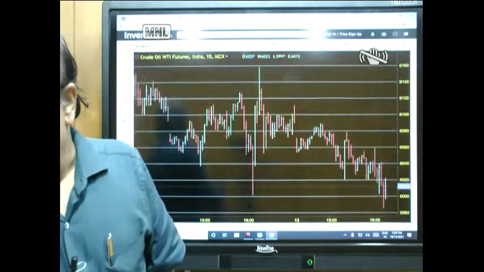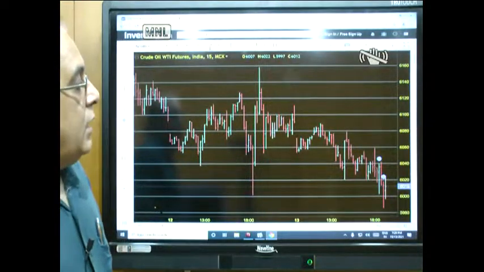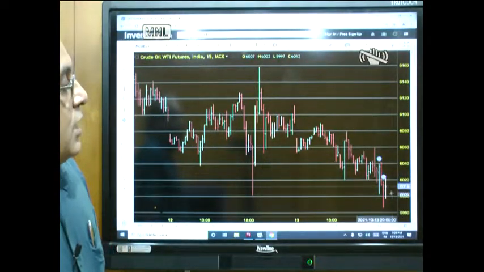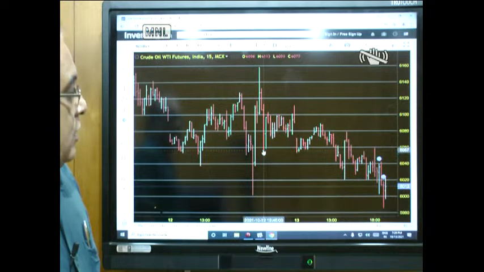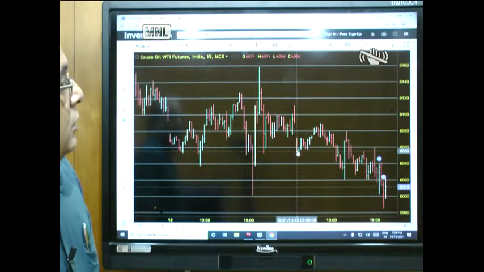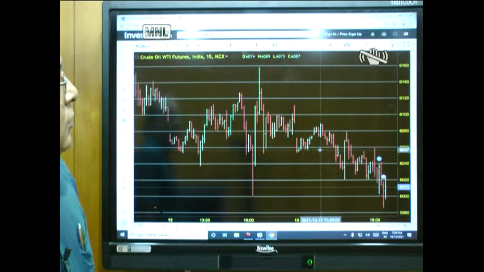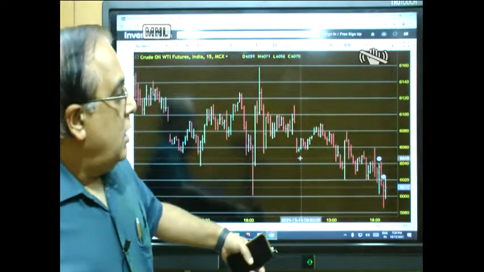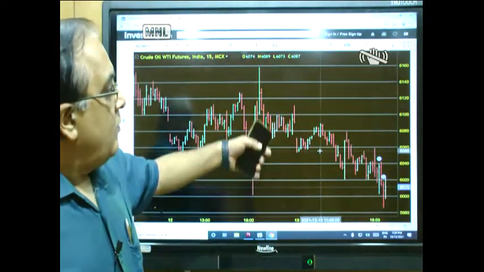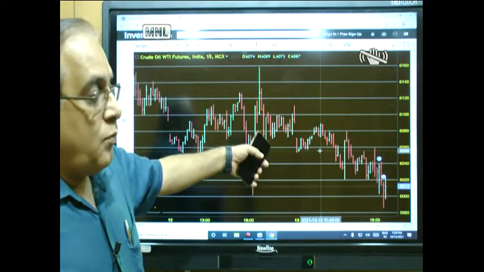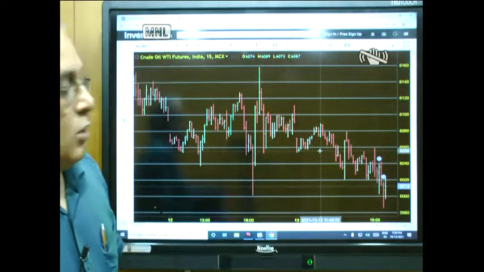Look at the 15-minute chart today. This is the 13th. So it was 6084. You just see the resistance was 6089. It went right up to the pivot point, and from the pivot point it broke down.